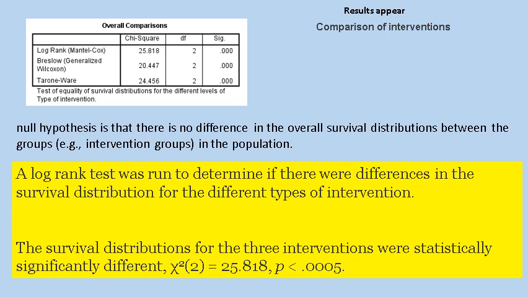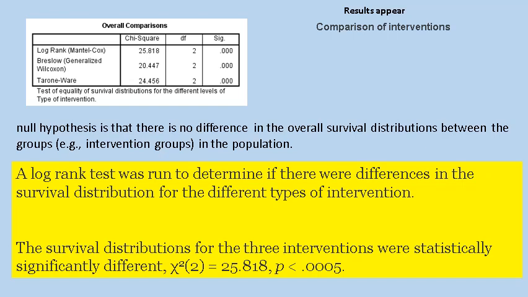So, the survival distribution for the 3 interventions was significantly different, and the chi-square value is 25.818 and the p-value is less than 0.0005.